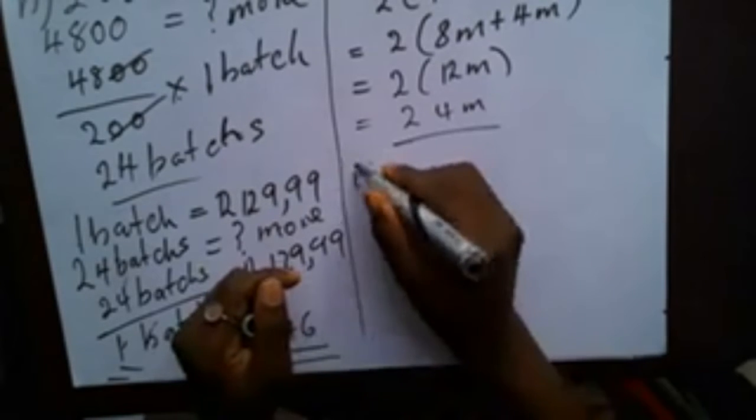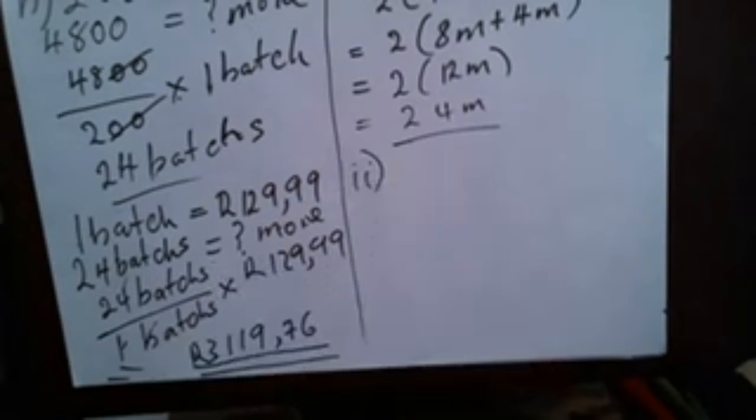Item 2 is saying the length of the fencing needed. For the fencing needed, maybe we need to go back to the question once again. Let me check.